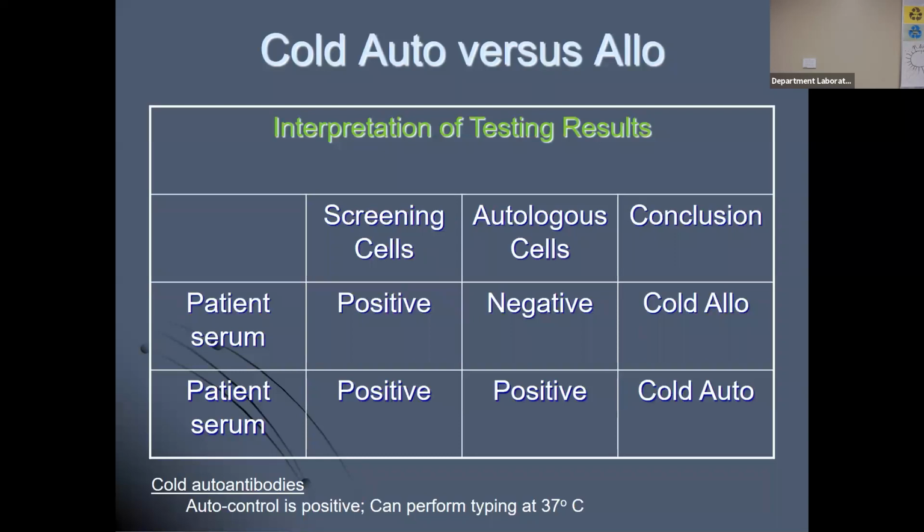Right? If your screening cells are positive and also your patient cells mixed with patient plasma is positive, that's an autoantibody. Okay, that means your patient has an antibody to his own cells, causing your patient cells and patient plasma to react. Does that make sense to everybody? That's an autoantibody. That's how in blood bank we can differentiate an alloantibody from an autoantibody.